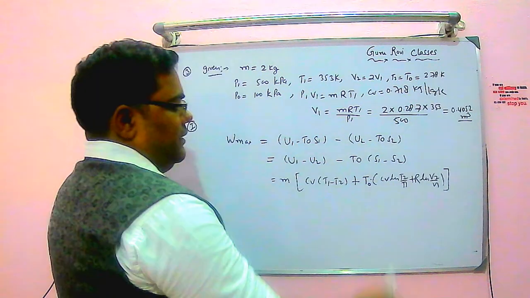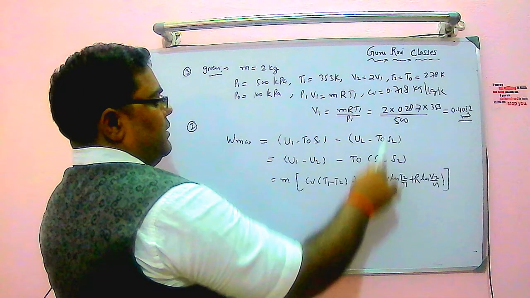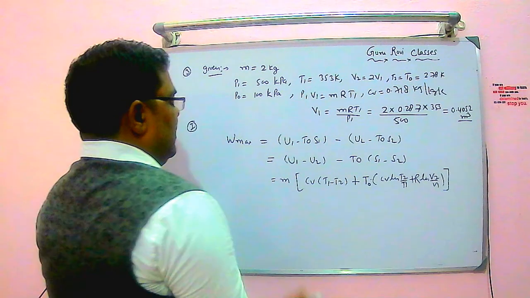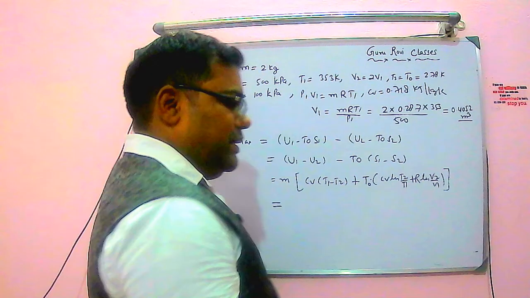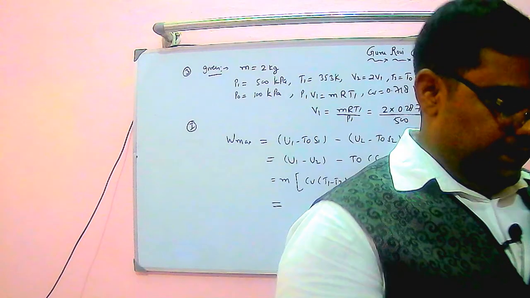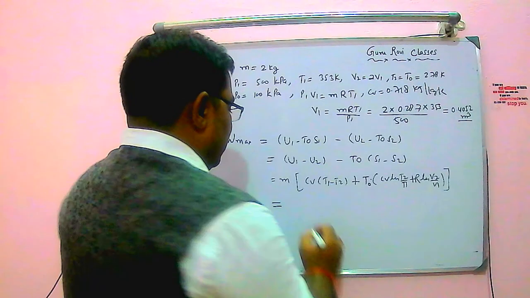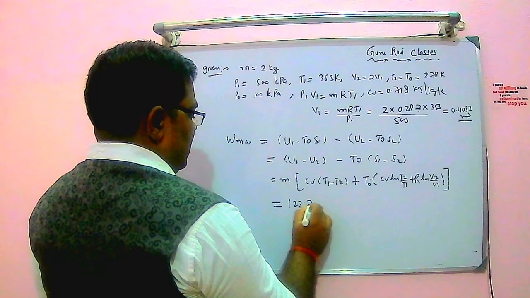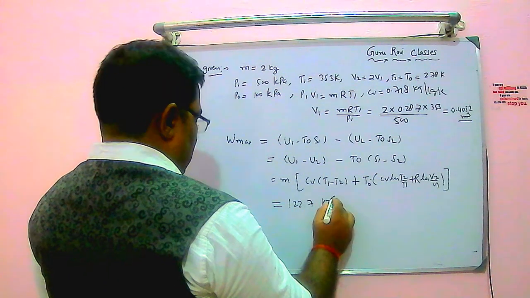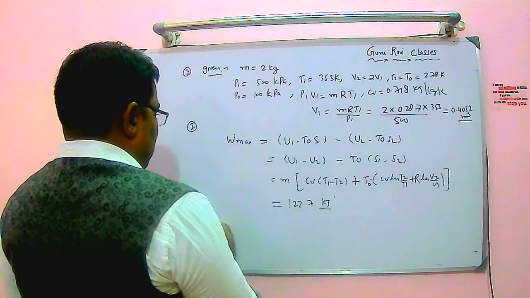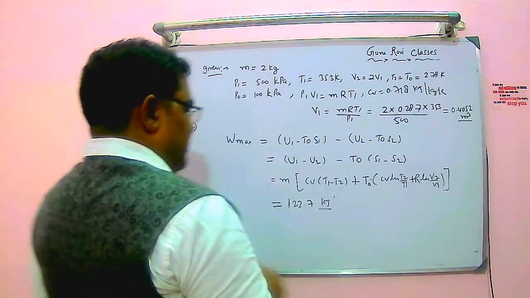T naught value is already given. Just substitute the values, you will get the maximum work. So maximum work is coming around 122.7 kilojoule only, because kilogram is already there. So first part is over.